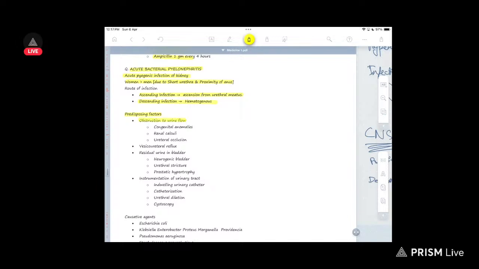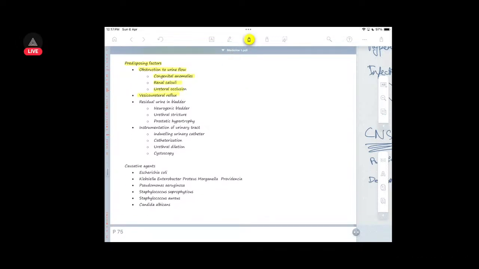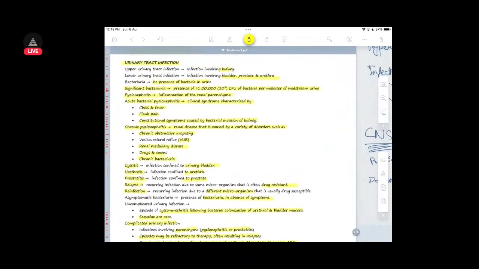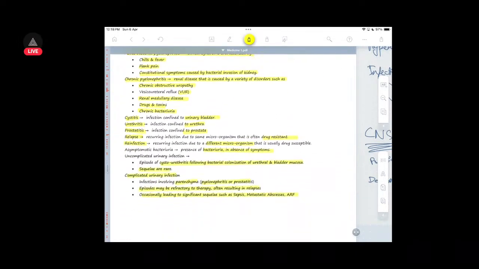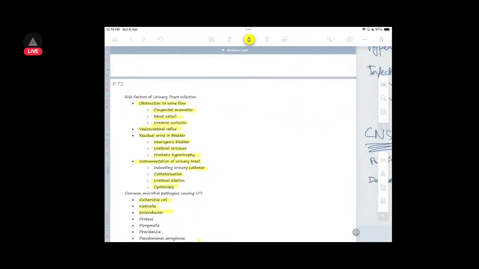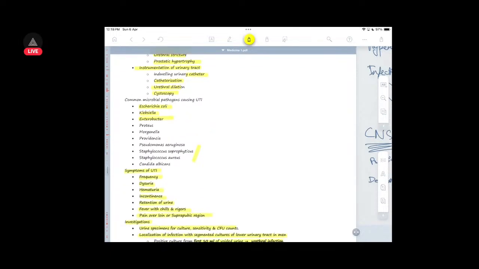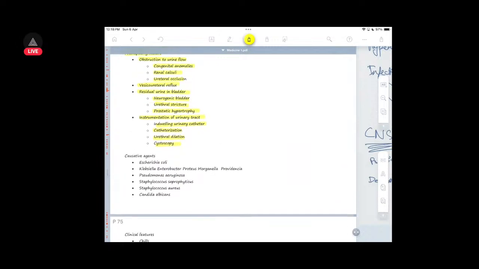Predisposing factors: obstruction, congenital anomalies, renal calculi, ureteral occlusion, vesicoureteral reflux, residual urine in the bladder, and instrumentation such as an indwelling urinary catheter. The same reasons as previously will come here also.